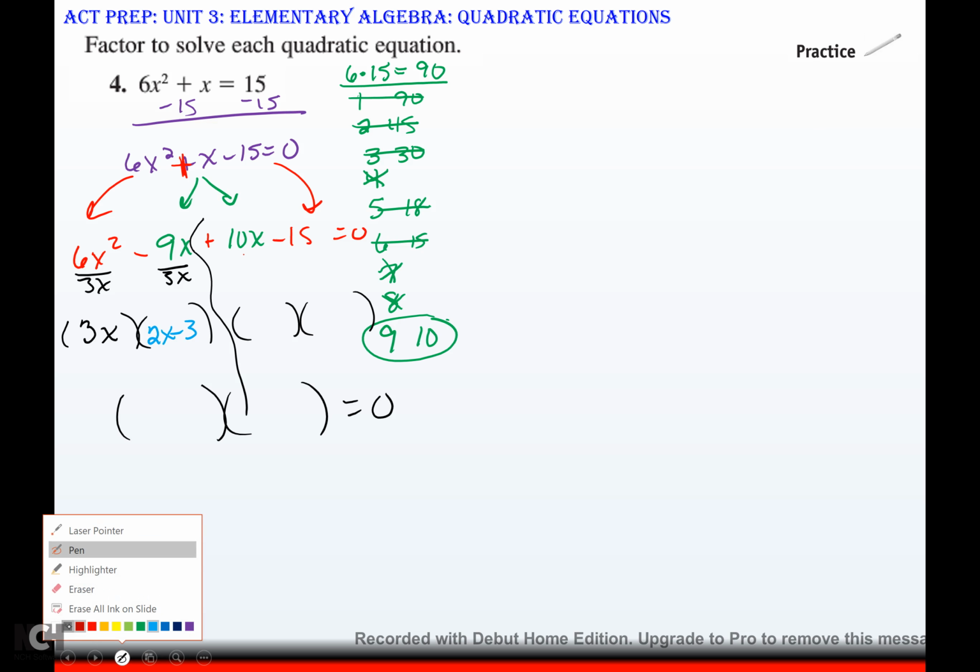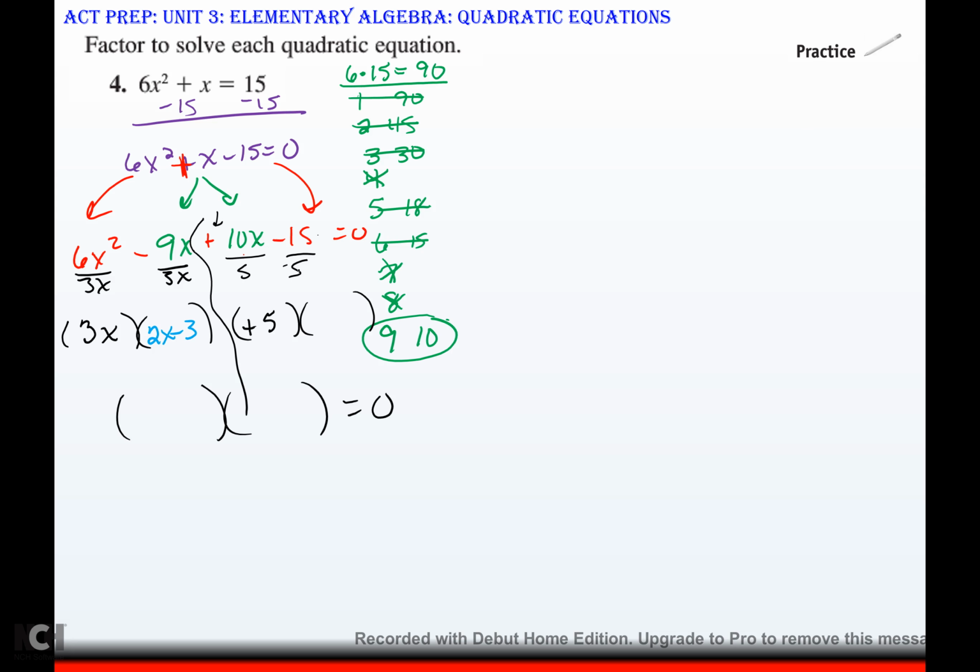Excuse me. On the other side, the GCF, the biggest number that goes, I'm going to take a positive. Biggest number is a 5. They don't have x's in common. So divide by positive 5, and I get 10x divided by 5 is 2x. Negative 15 divided by positive 5 is negative 3.